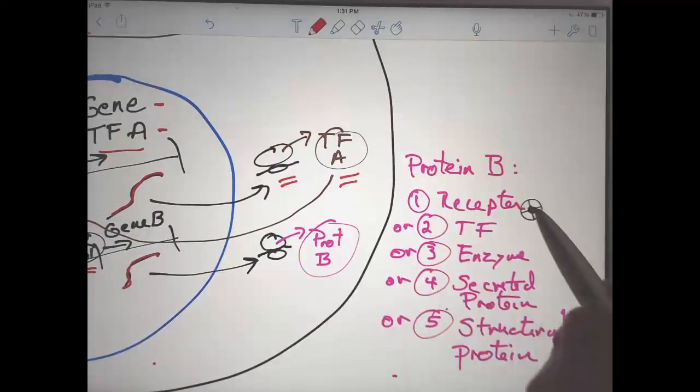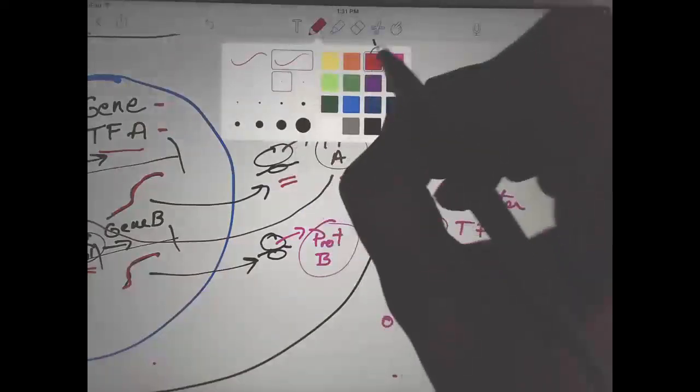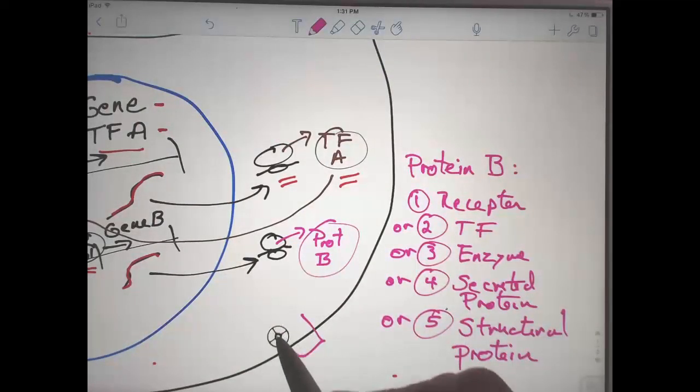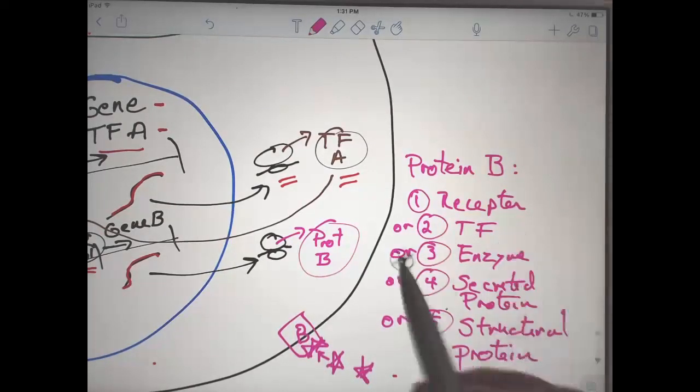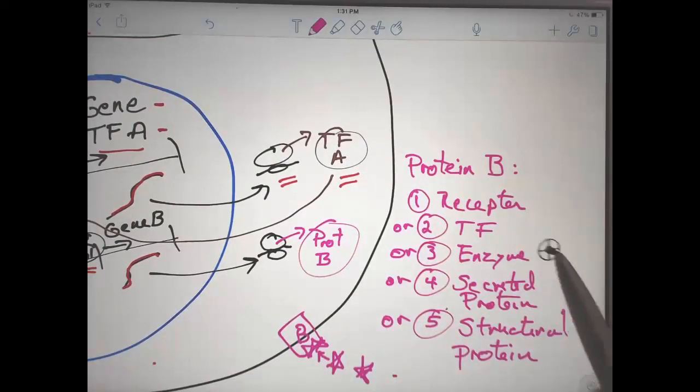So protein B could be a receptor, in which case protein B might move into the cell, and now we have the capacity to respond to some new chemical shape. It could be a transcription factor, in which case we'd have yet another round of transcription factor regulation.